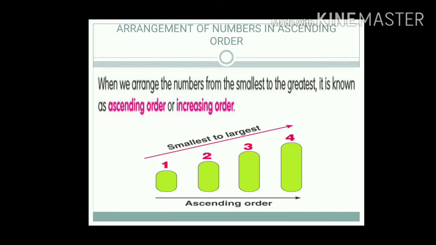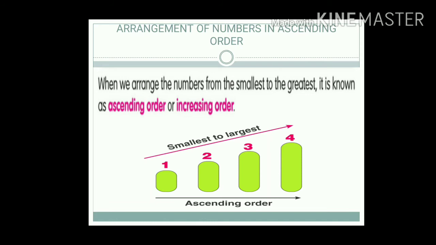Let's move on to how we can arrange the numbers in ascending order. Before we begin, I would like to tell you what ascending order or increasing order is. When we arrange the numbers from the smallest to the greatest, it is known as ascending or increasing order.